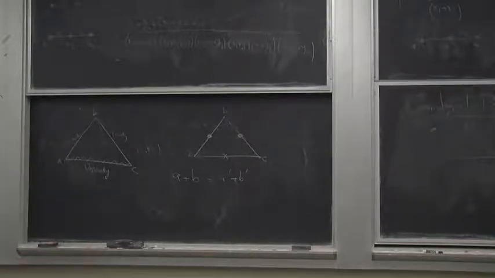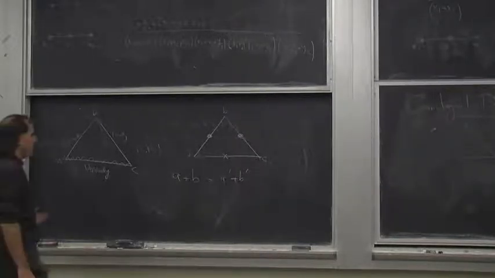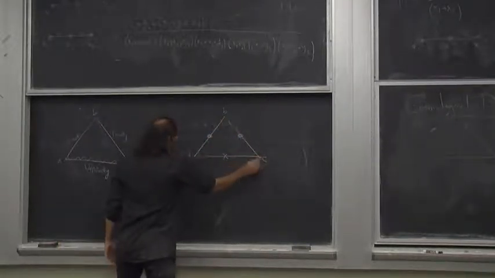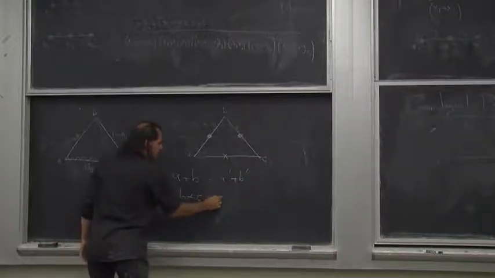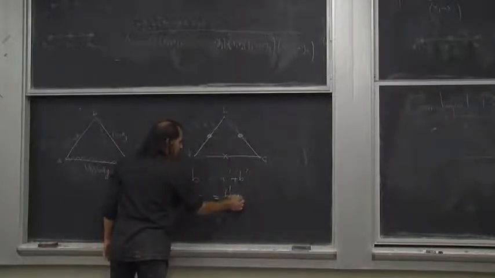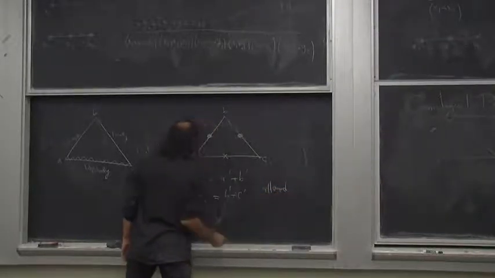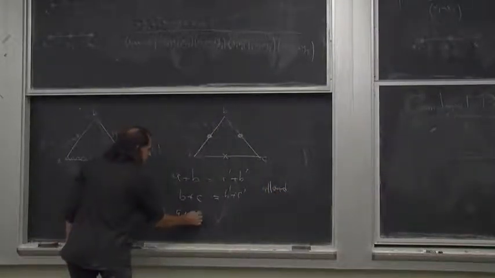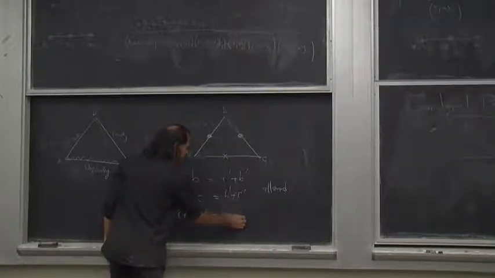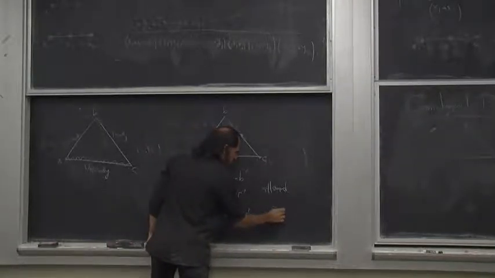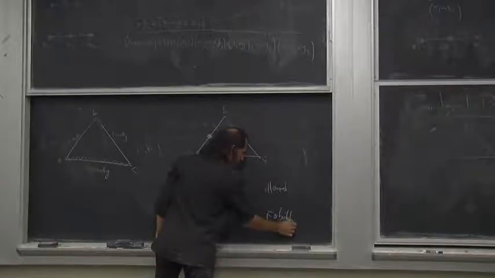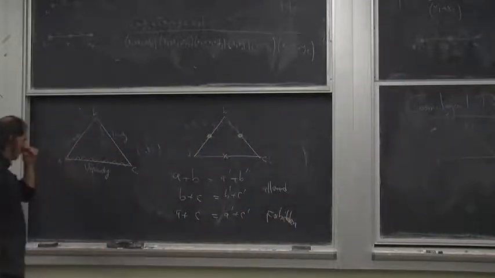If I really think of them as vectors, saying that they're allowed to intersect at their midpoint means that A plus B can equal A prime plus B prime, and B plus C is allowed to equal B prime plus C prime. These are not compulsory, but they're allowed. But A plus C equals A prime plus C prime is forbidden.